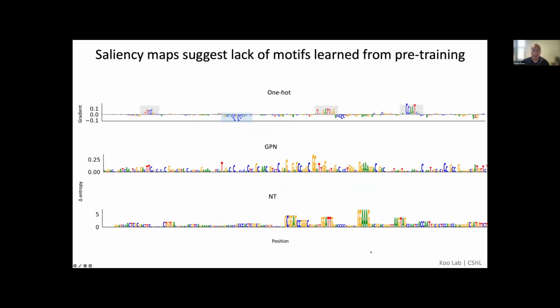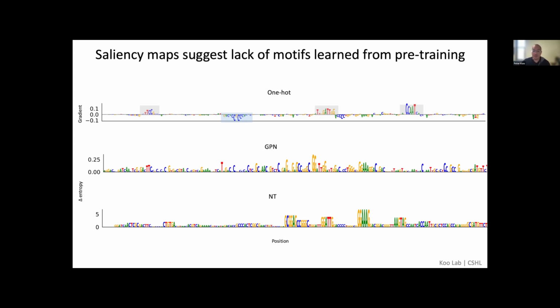Next, we plotted attribution maps for the same sequence using two different gLMs, GPN and nucleotide transformer, which is just NT here. Here, we systematically masked each input token one at a time and acquired the prediction of the masked token. We then calculated the entropy of the predictions. Then we scaled the observed token according to the entropy.